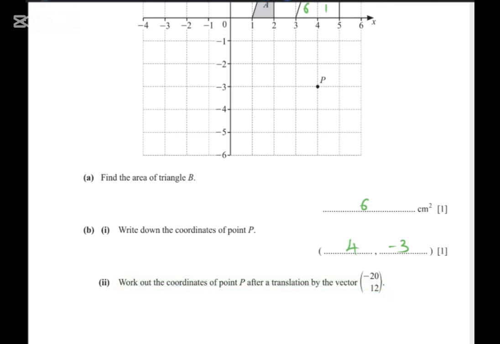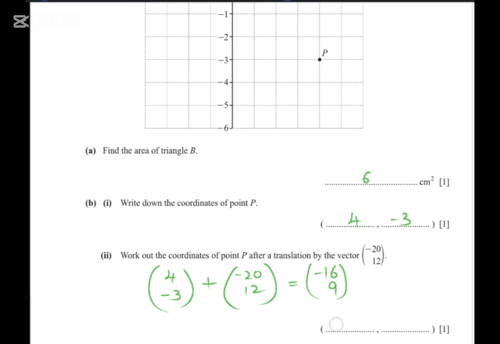Whenever a point is translated and you know its coordinates, you can write it as a position vector, which is (4, -3), and add it to the vector which is given. So we get 4 minus 20 is minus 16, and minus 3 plus 12 is 9. So the coordinates will be (-16, 9). This is done.